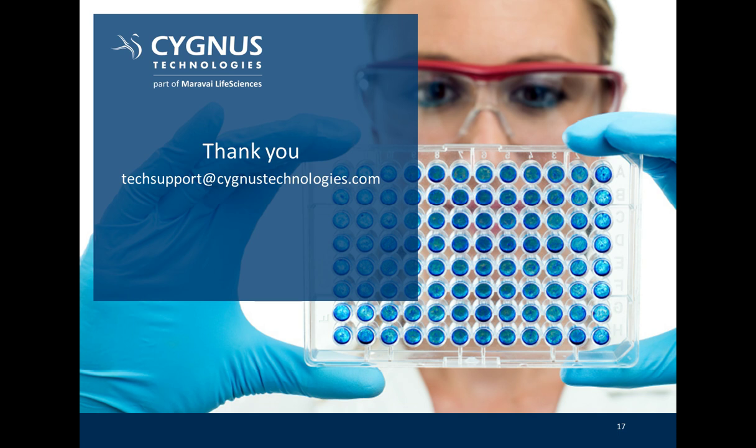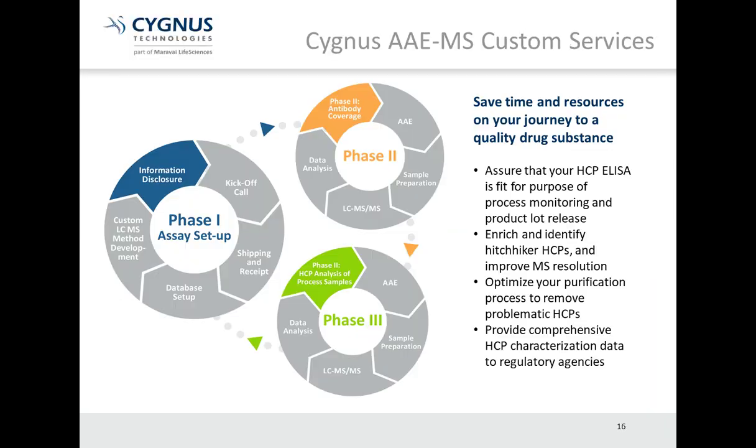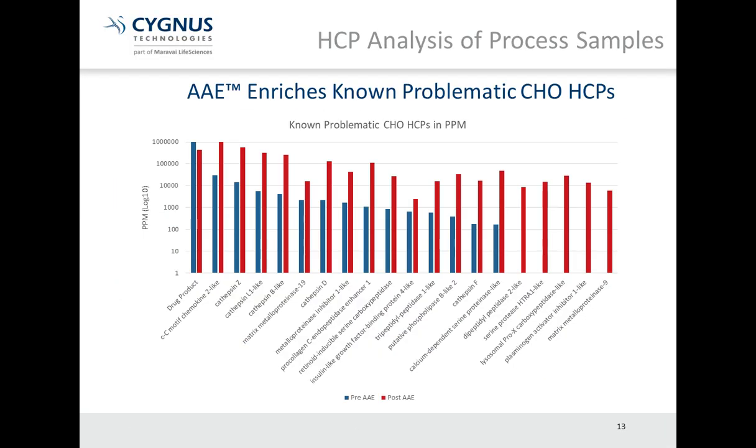Can you please explain on slide 13, AAE is detected with less protein compared to the ELISA technique? Can you say that again? They say that AAE detected less protein compared to the ELISA technique.